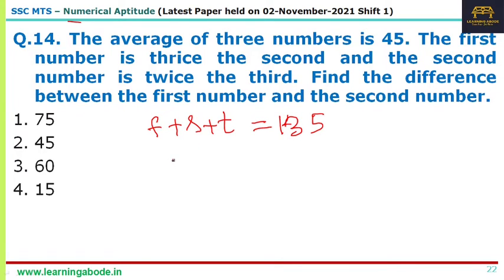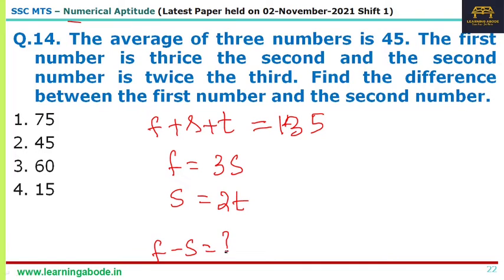First number is thrice the second number, and the second number is twice the third number. What is asked is the difference between the first number and the second number.